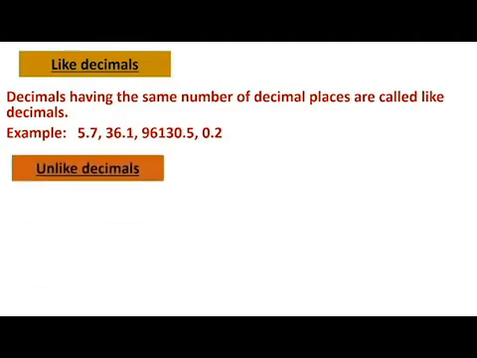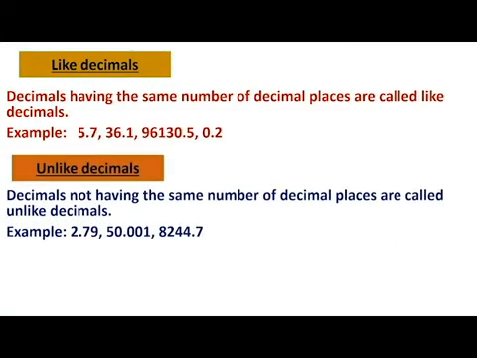Coming to unlike decimals, decimals not having the same number of decimal places are called unlike decimals. That means after the decimal point there will be different numbers of decimal places. For example, you can see 2.79. After the decimal we have two decimal places, that is 7 and 9. In the second number, 50.001, again here we have three decimal places after the decimal, and that is 001.